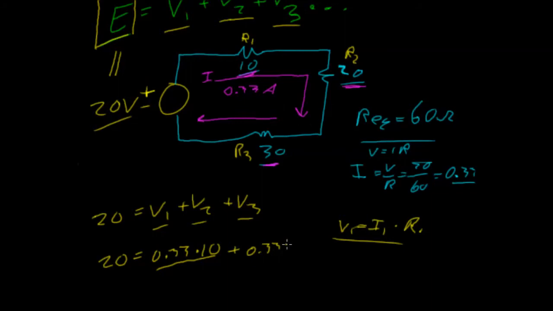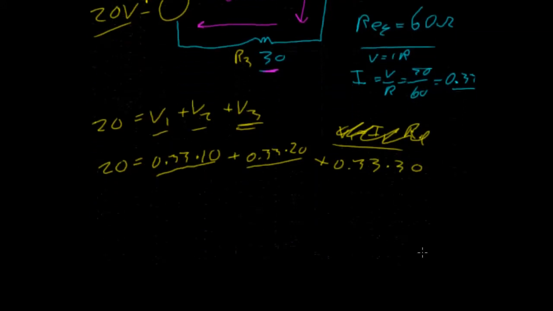Current doesn't change. Going through 20 ohm. And then finally our V3 here, it's going to be 0.33 amps flowing through a 30 ohm resistor. So just grab the calculator here.